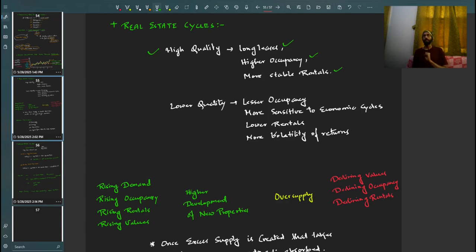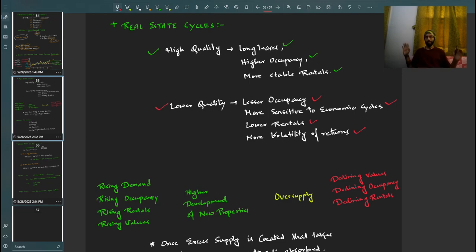But in case of a lower quality property, things tend to be more volatile. There is lesser occupancy. There is more sensitivity to the ups and downs of the business cycles or the economic cycles. The rentals are on average lower, obviously, and therefore, combining these 3 points, you can understand there is more volatility of returns. Now, what happens is real estate cycles happen in a certain way.